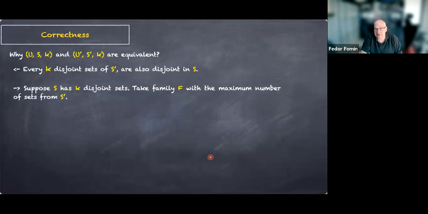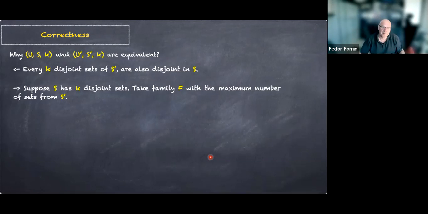Okay, suppose that I have a yes instance, suppose that S has k disjoint sets. Suppose that S prime doesn't have k disjoint sets, right? Then I just take a family F of size k of disjoint sets, which has the maximum number of sets from S prime.